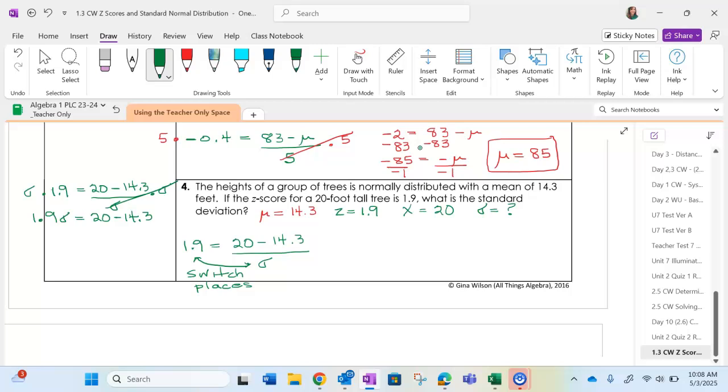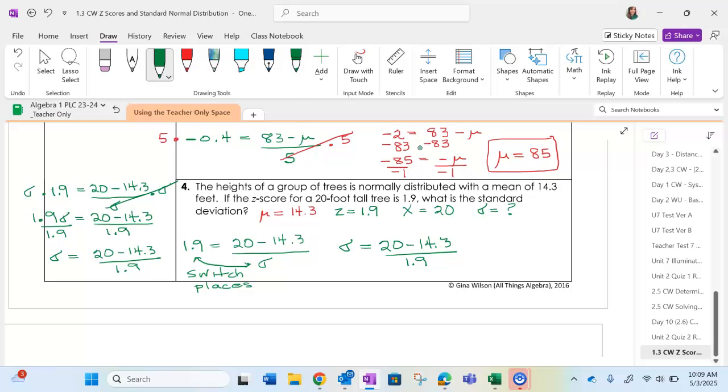I want this all alone, so I divide by 1.9. So standard deviation equals 20 minus 14.3 divided by 1.9. If I just switch them, I get standard deviation equals 20 minus 14.3 over 1.9. Both the same.